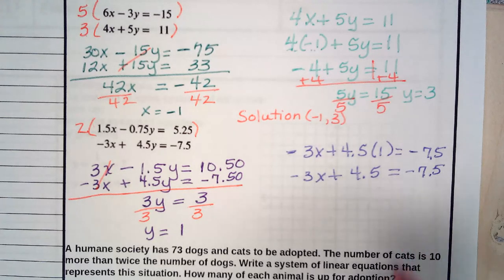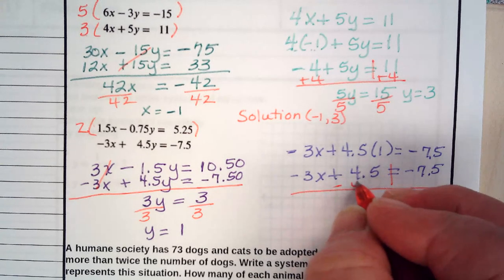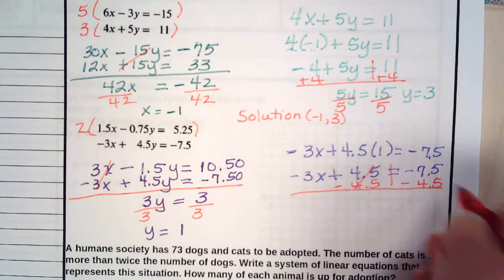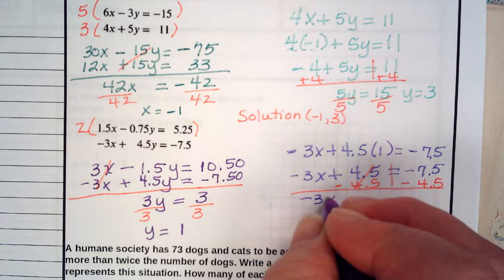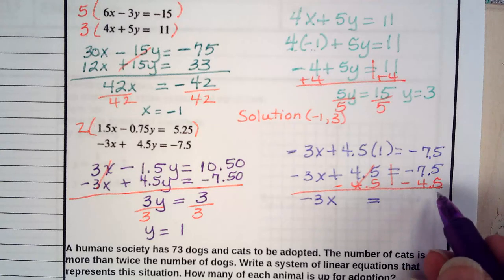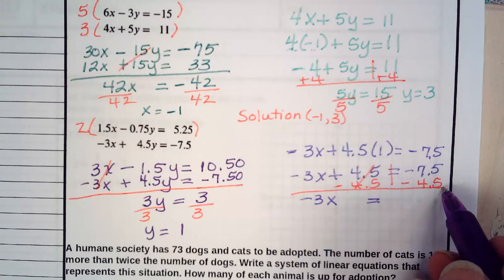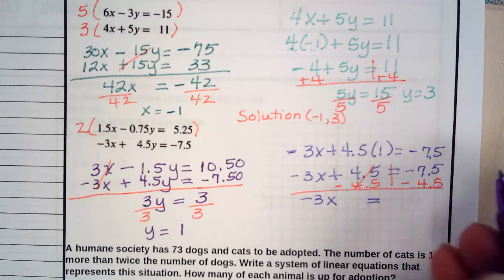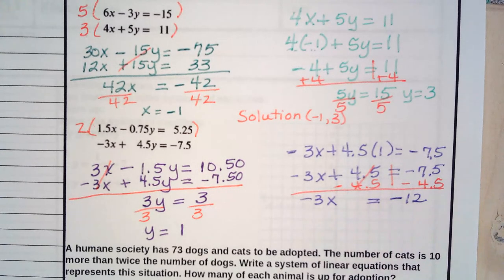Well, the first step to solving is to subtract 4.5 from both sides. Negative 3x is equal to. These are both negatives, so I combine them with addition. 0.5 plus 0.5 is 0, carry the 1. 7 plus 4 is 11, plus 1 more is 12. So this is equal to negative 12.